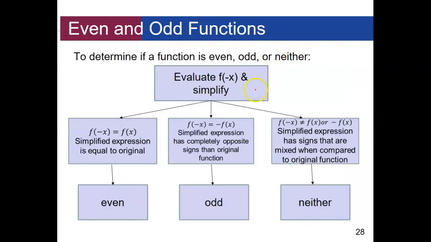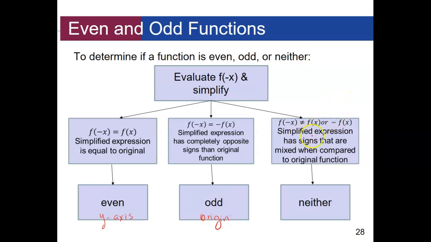Okay, so I've made this chart for you to help you decide which one it is. So the first thing you want to do is evaluate f of -x. So plug -x into your function, simplify it. When you simplify it, if it's equal to the original, then it's an even function and it would have y-axis symmetry. Okay, if you simplify it and it's the negative of the original, which means that it has completely opposite signs of the original function, then it's going to be odd and it's going to have symmetry about the origin.